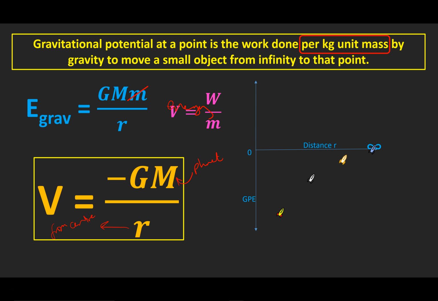And because it's an energy over a mass, or joules divided by kilograms, the unit for it is just going to be joule kilograms to the -1.